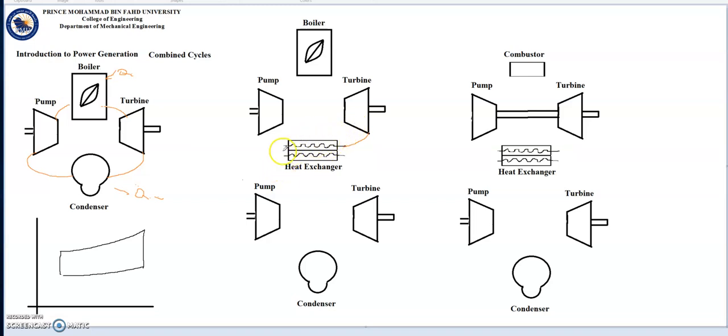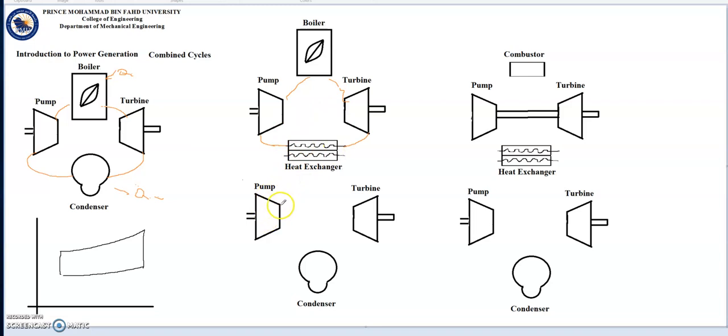So instead of having the condenser here, we pass the fluid through a heat exchanger to condense it and use it in a Rankine cycle as before. Okay, but now we add another cycle parallel to the first one.